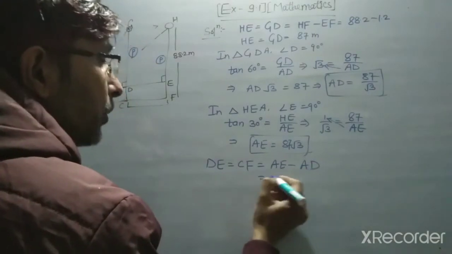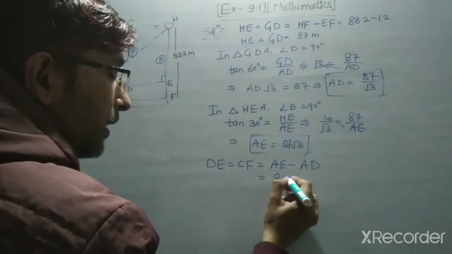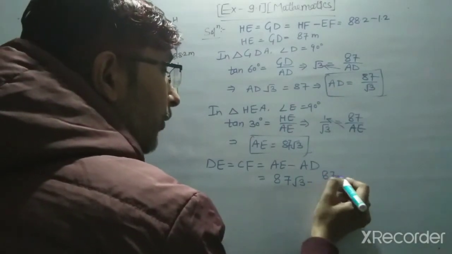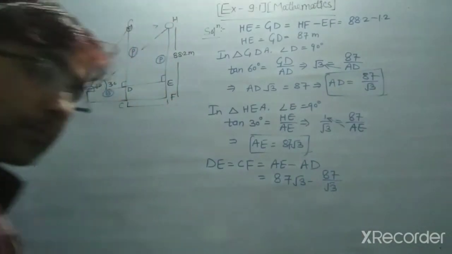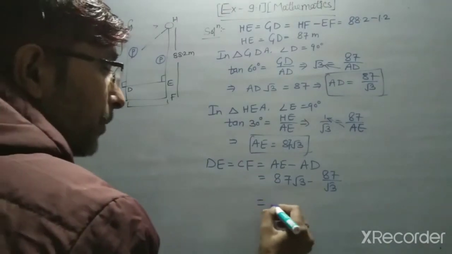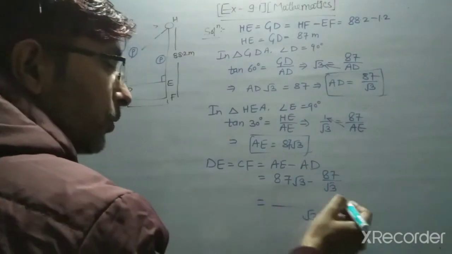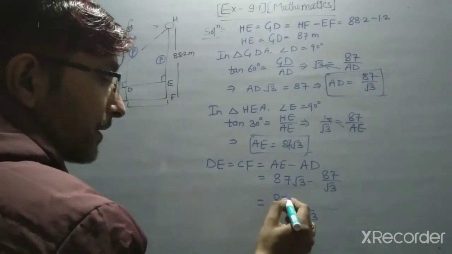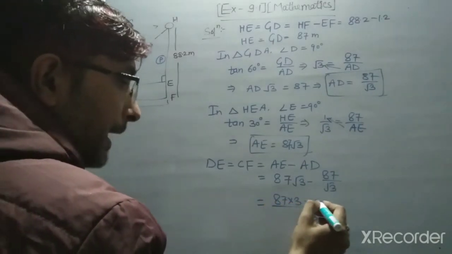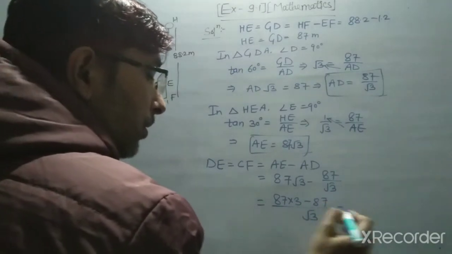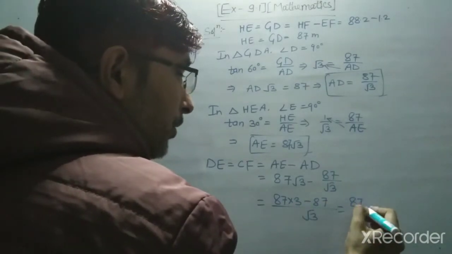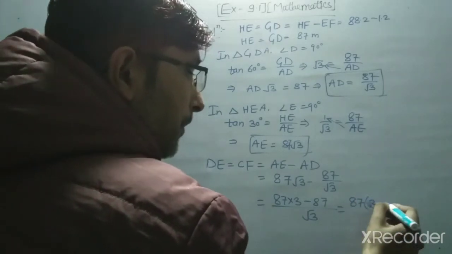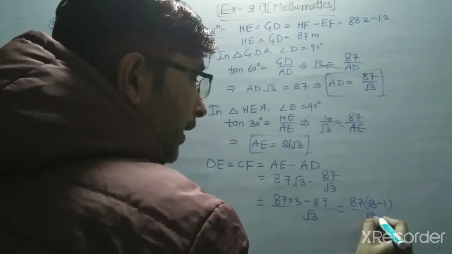Then put the value of AE. AE is 87 under root 3 minus AD is 87 upon root 3. Clear? Then you have to take the LCM here, under root 3. So you multiply with under root 3. So 87 into 3 minus 87. Take the common value here. So this value is 3 minus 1 upon under root 3.